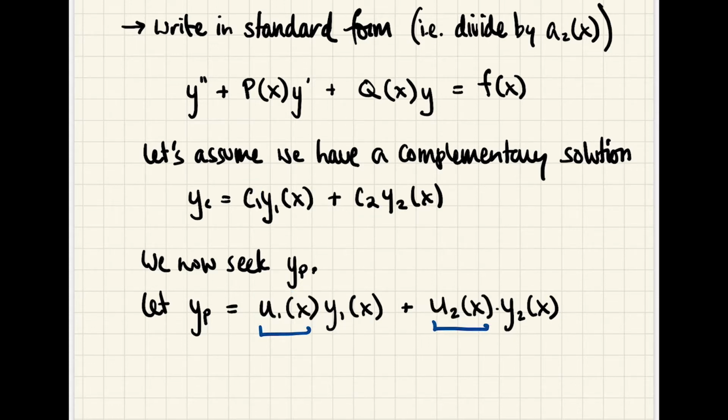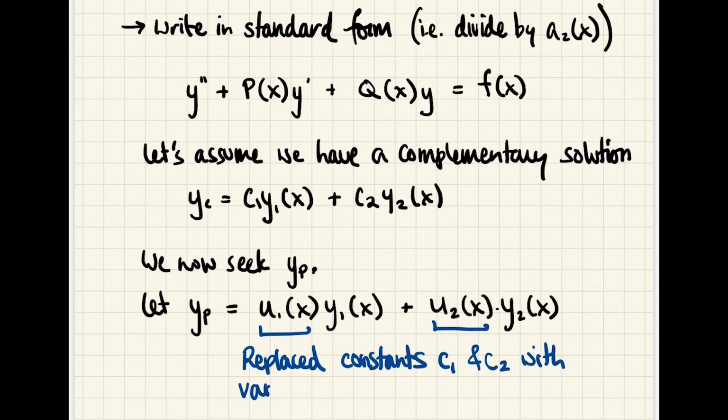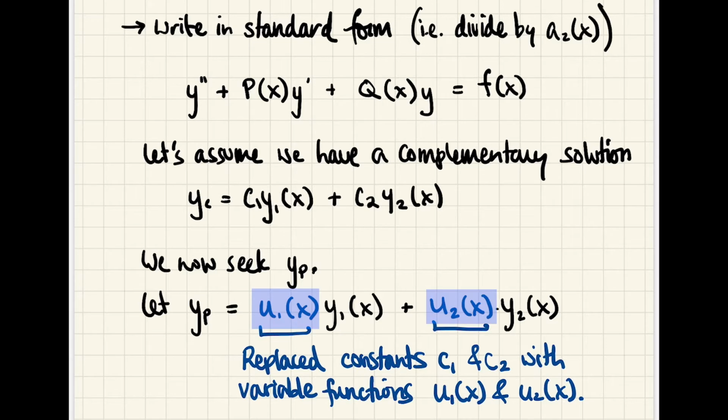And this is, of course, where the term variation of parameters comes from. So our job is to really figure out what u1 and u2 are in terms of y1 and y2. And if we can figure that out, then boom, we have our particular solution.